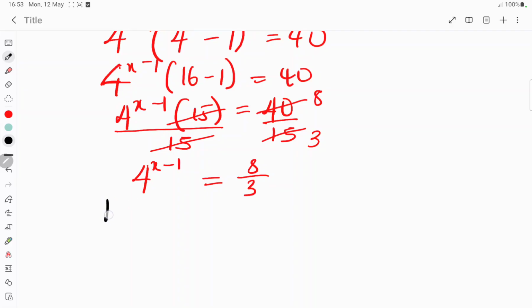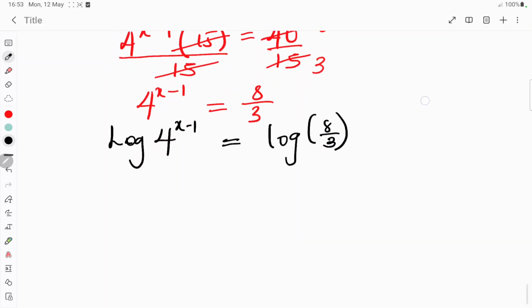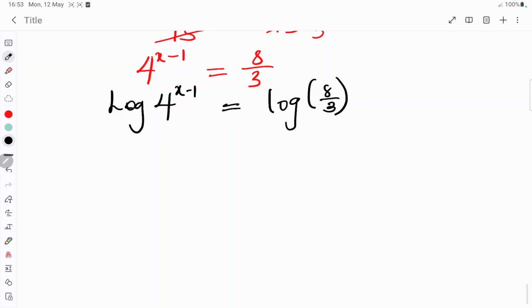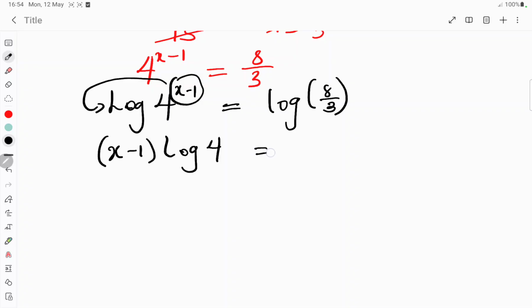So we take the logarithm of both sides. Log of 4 power x minus 1 is equal to log of 8 over 3. Logarithm allows us to multiply the power to the log. So this gives me x minus 1 times log 4 is equal to log 8 over 3.